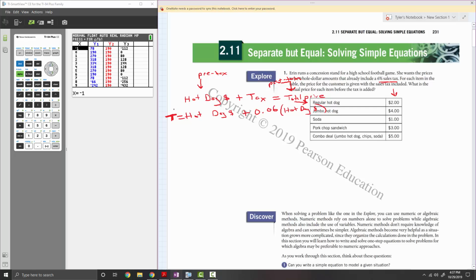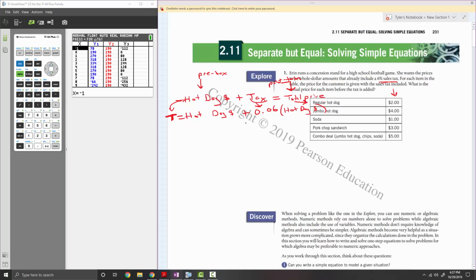So this means that these are equal, right? I just rewrote how to actually calculate tax since we know the percentage, right? And of course 0.06 is 6%, right, just in decimal form. So this is where it gets maybe a little complicated about how do I figure out the hot dog price.